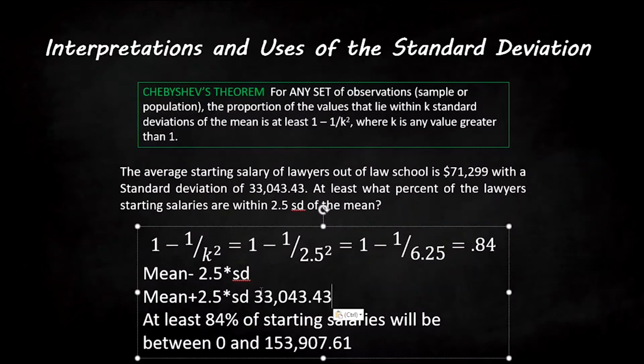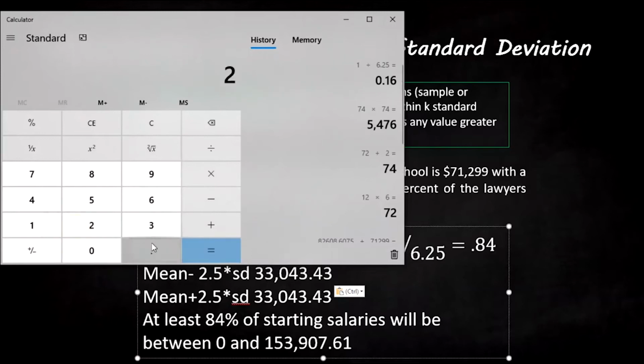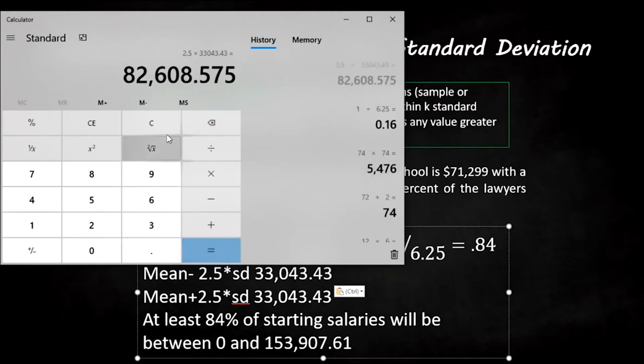So it's going to be 2.5 multiplied by 33,043.43, which is 82,608.58. Okay, so we are going to do the mean plus that and the mean minus that.